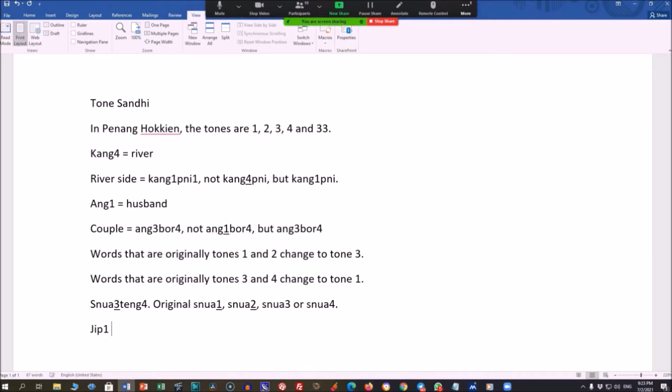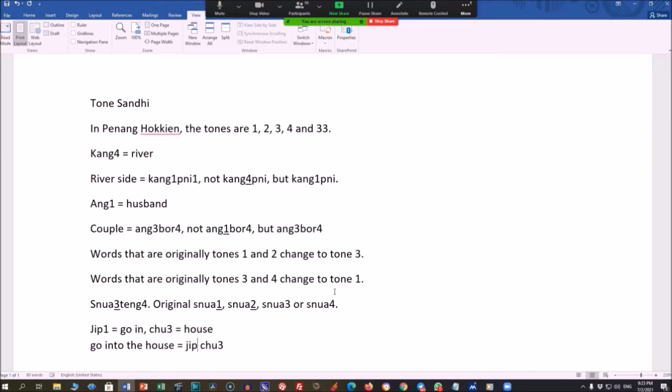Here's another word. Jit means to go in. Chu means house. So to go into the house, Jit chu. So what number should I put here?